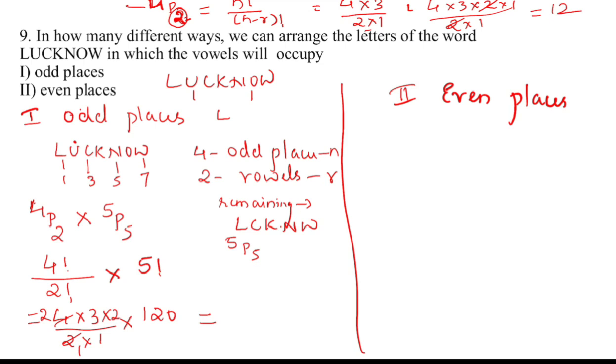So it is 2 threes are 6, 2 sixes are 12. So it is 1440 ways. Okay.